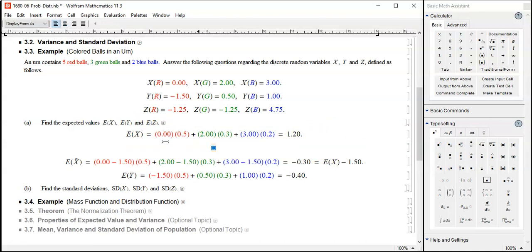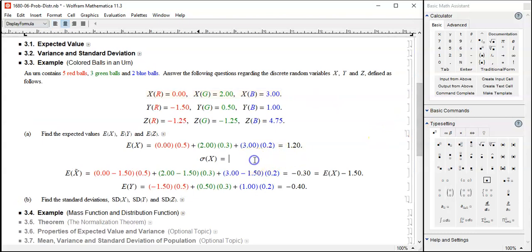Here's a good problem. So let's calculate the standard deviation of the first game X. Well, we have to calculate the variance first. And here we need deviation squared: output minus expected value, and we have to square it.